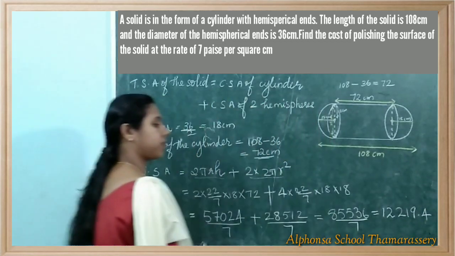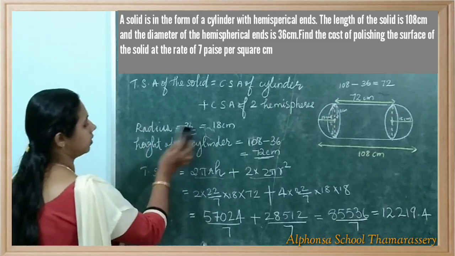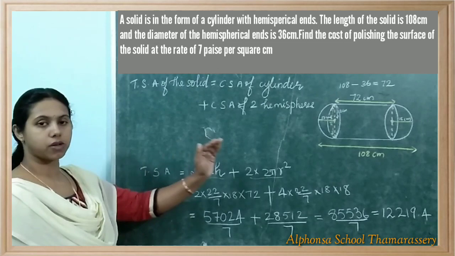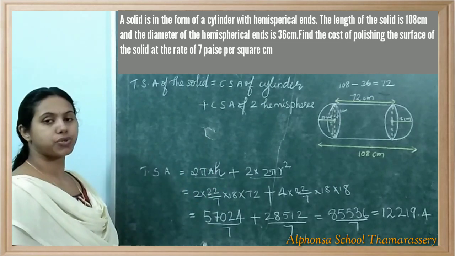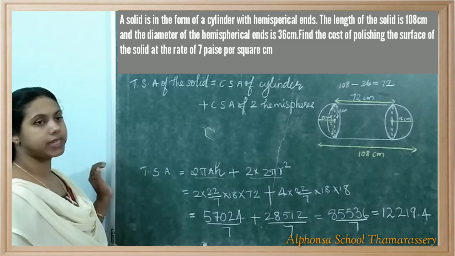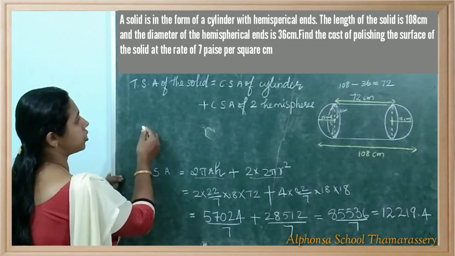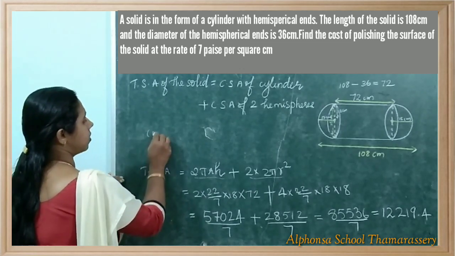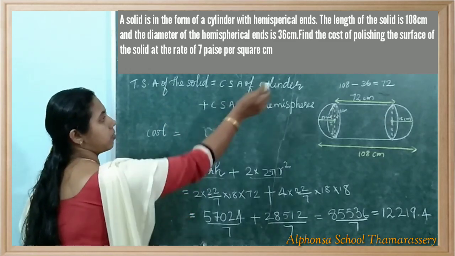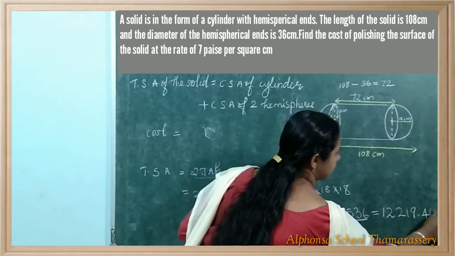That is equal to 12,219.4. So the total surface area of the solid is equal to 12,219.4 centimeter square. We want to find the cost of polishing the surface of the solid. So total cost is equal to surface area into cost per centimeter square.